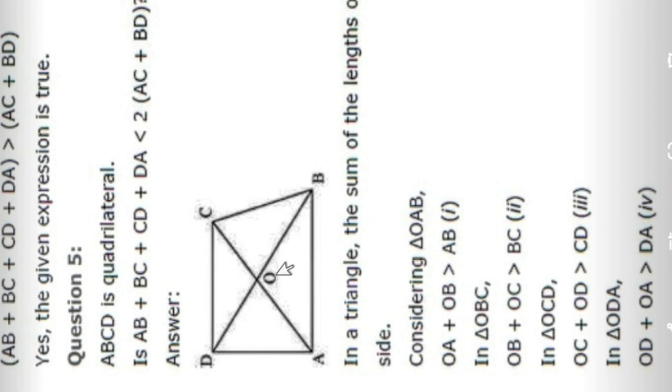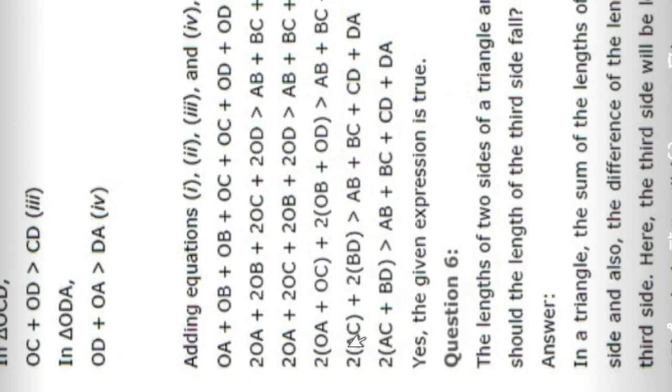And OB plus OD is DB. So in place of OA plus OC we can write AC, in place of OB plus OD we can write BD. So 2AC plus 2BD is greater than AB plus BC plus CD plus DA. So 2 times AC plus BD is greater than AB plus BC plus CD plus DA. So yes, the given expression is true.